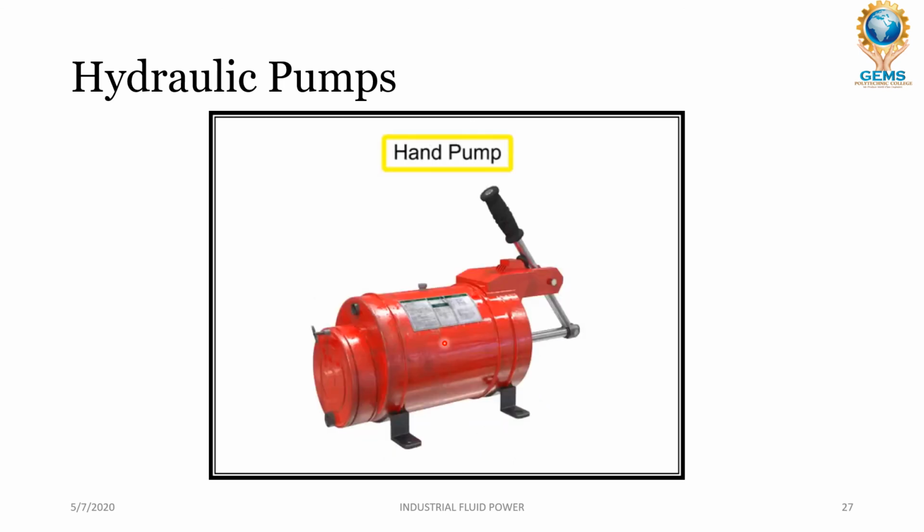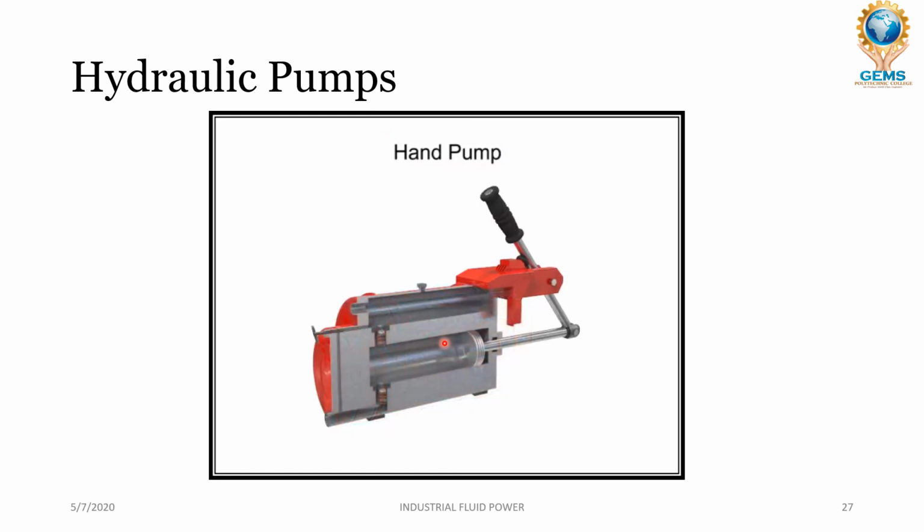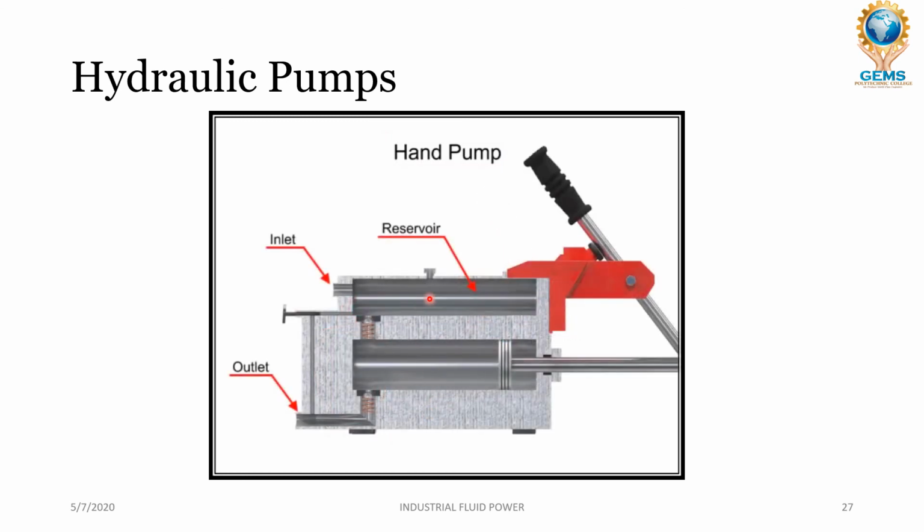Now let's see the hand pump. This is the reservoir, this is the inlet valve, this is the outlet valve, this is the piston, and this is the hand lever.